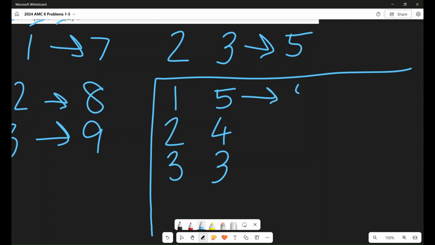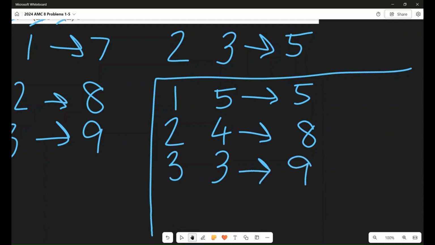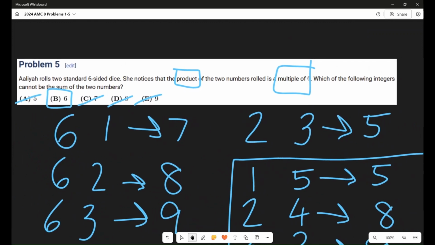So here the product is 5, which is not a multiple of 6. Here the product is 8, which is not a multiple of 6. And here the product is 9, which is also not a multiple of 6. And that confirms our answer that 6 cannot be the sum of the 2 numbers rolled.